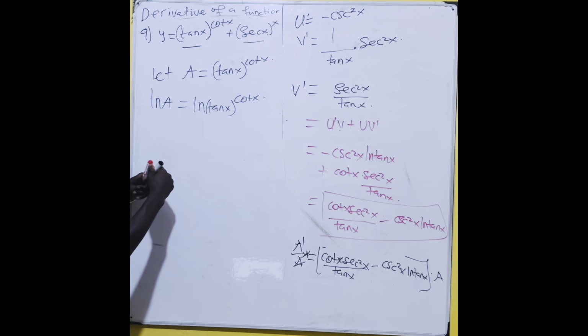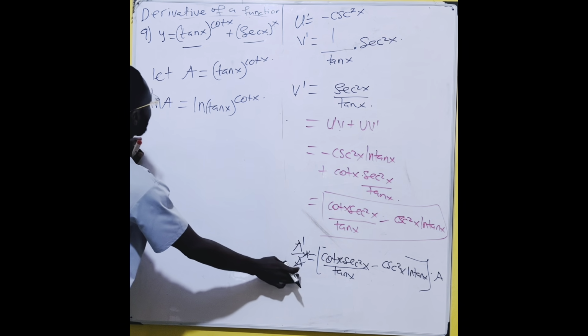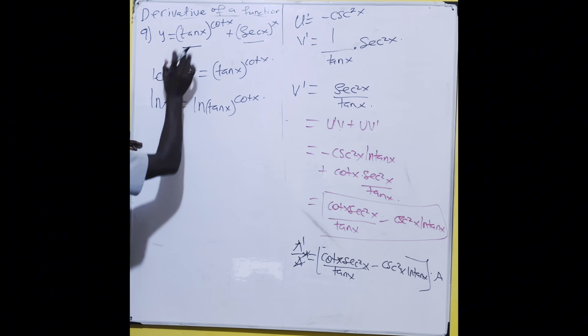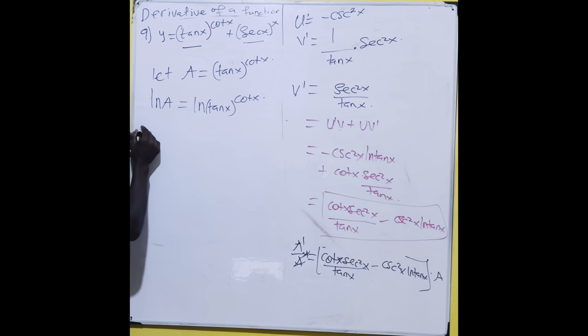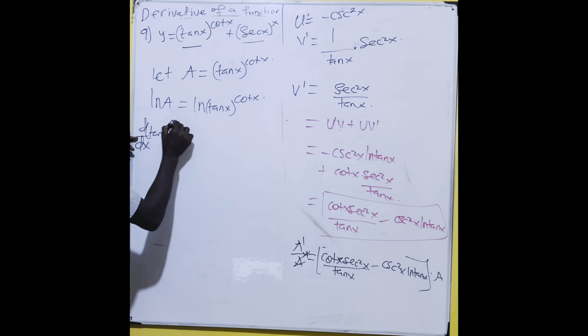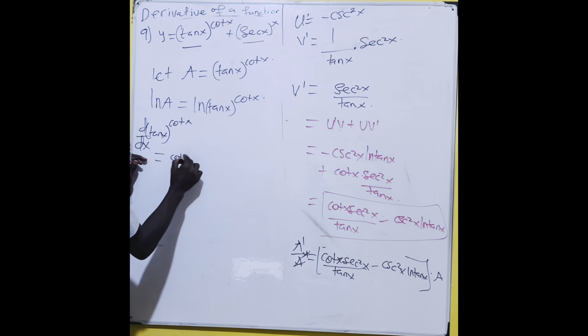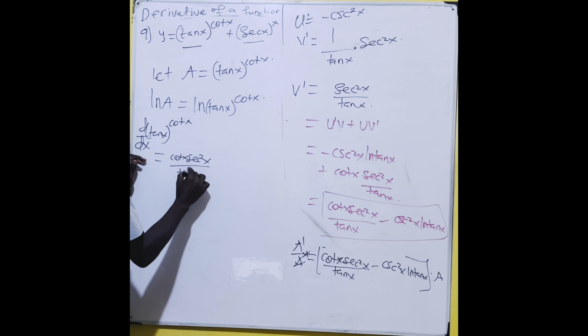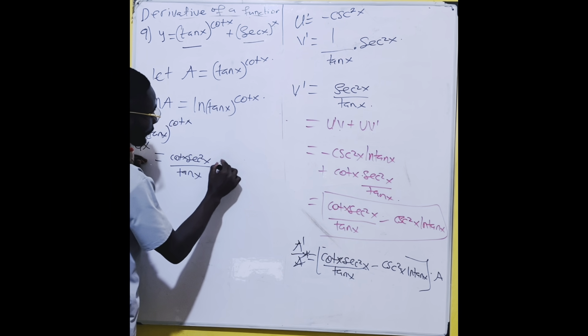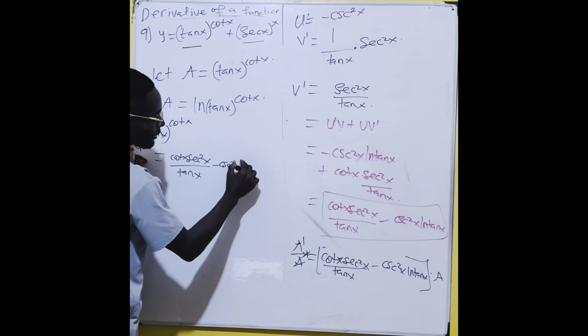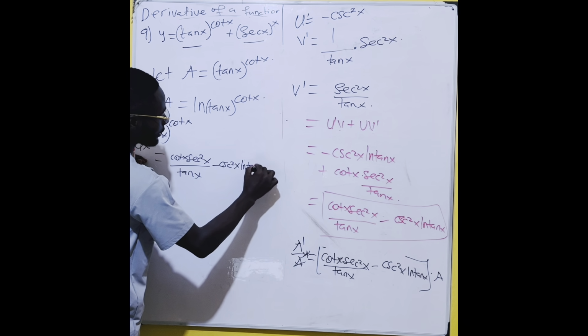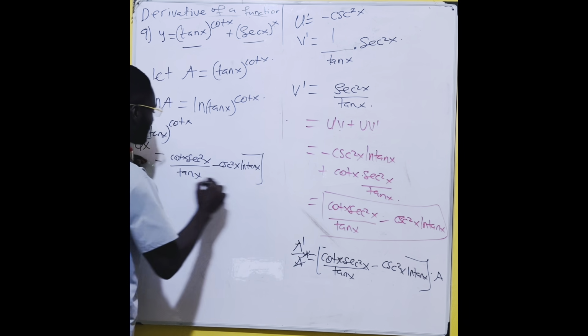So we are going to have the first derivative, the first term, derivative of tan x to the power cot x, to be equal to cot x sec squared x divided by tan x minus cosec squared x ln tan x, right?